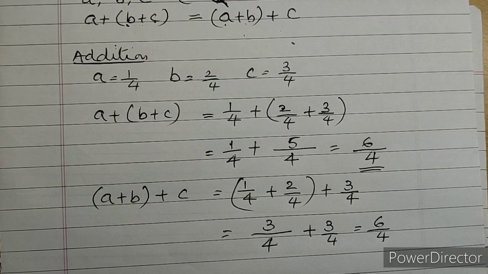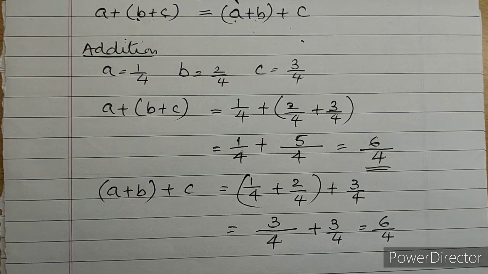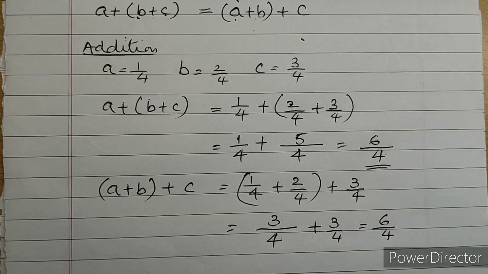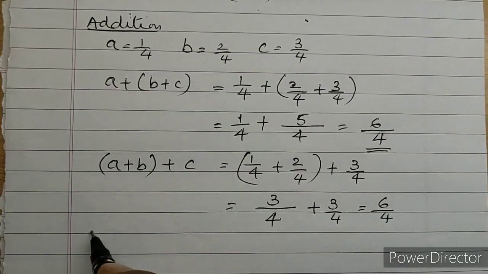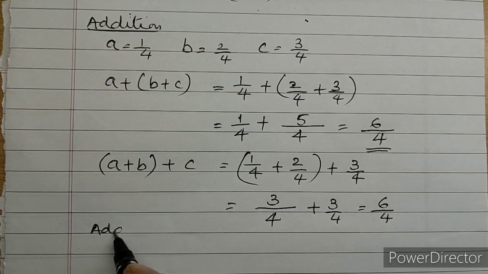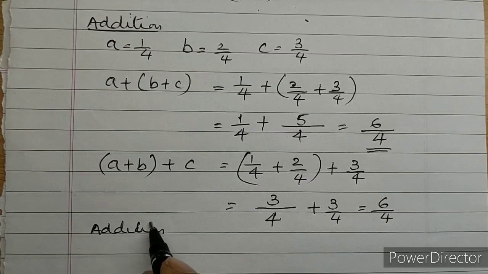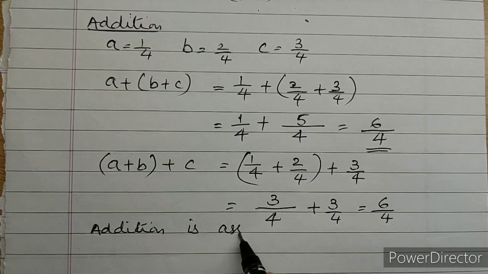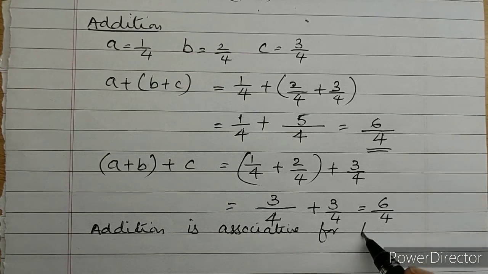Since both the left hand side and right hand side are same, so you can conclude that addition is associative for rational numbers.